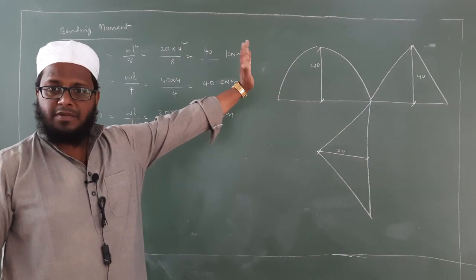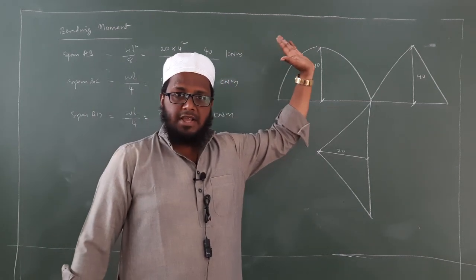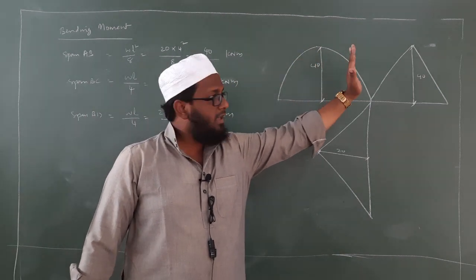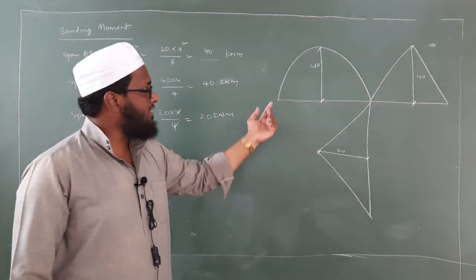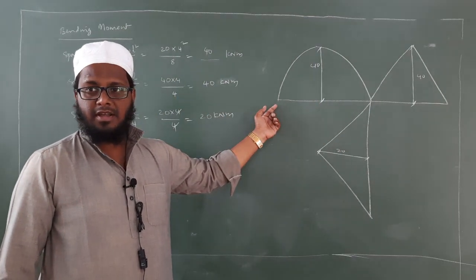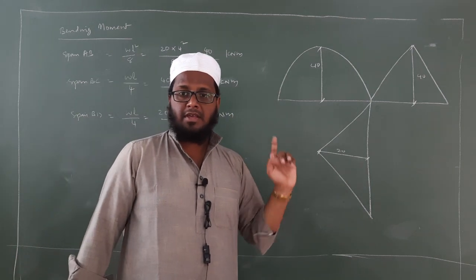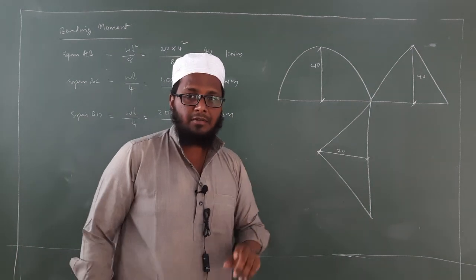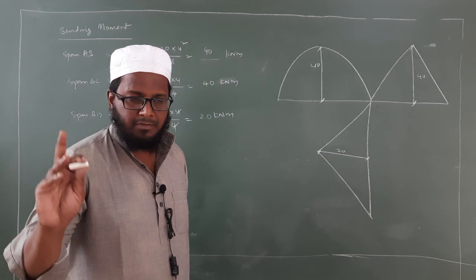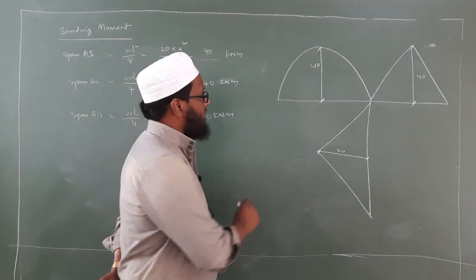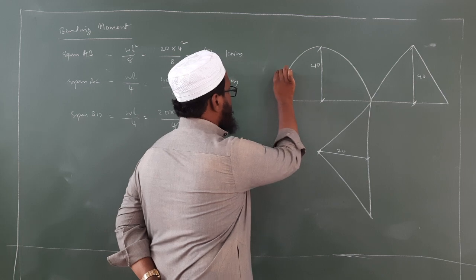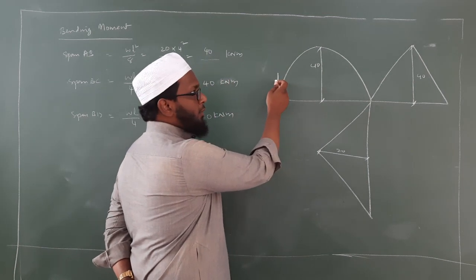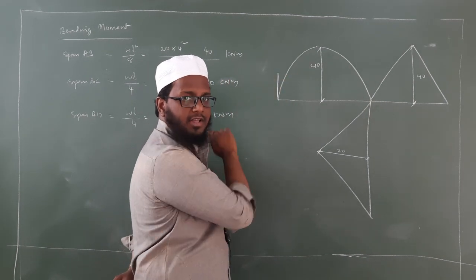Now we have fixed end moments also, that final moments. MAB we have, MBC we have, MCB we have, isn't it? So what is the value of MAB we got? Final MAB, capital MAB. Minus 28.5. So I am projecting one line here, and 28.5 means it should be less than 40, isn't it?